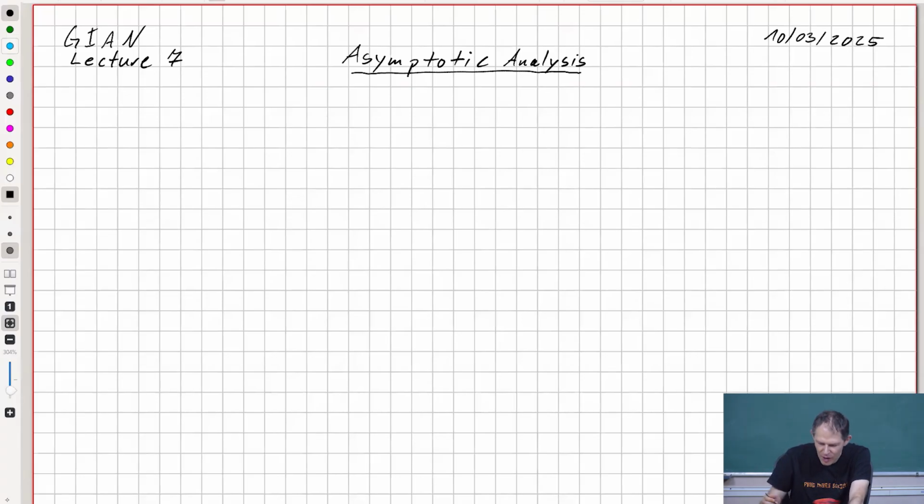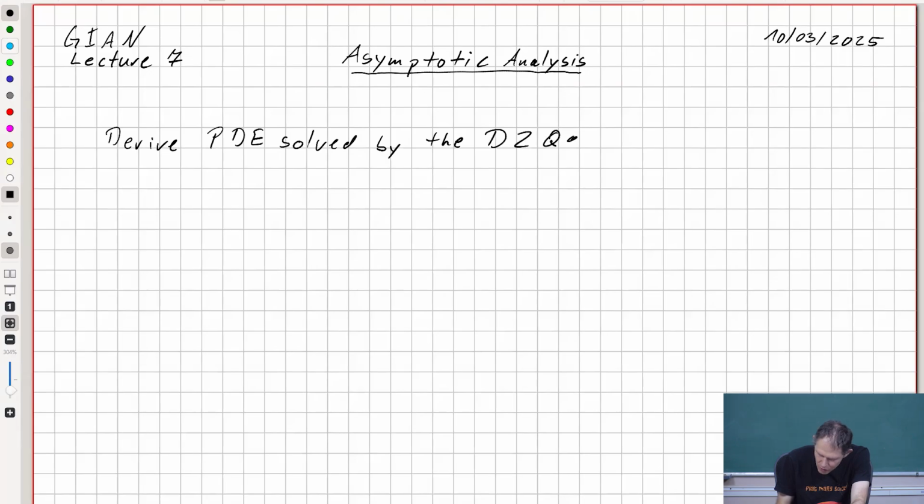methods. So the challenge that we give ourselves today is to derive, again, the partial differential equation solved by the D2Q9 lattice BGK method.